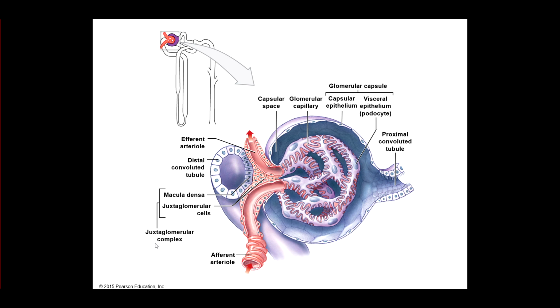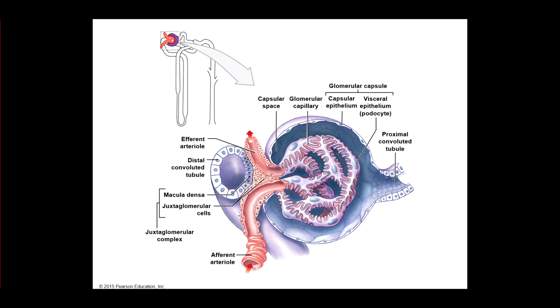These are things that are discussed in lecture in much more detail. The other cells I want you to notice besides the macula densa are all these cells in here. These are known as the juxtaglomerular cells. They work with the macula densa to again regulate blood pressure and glomerular filtration.